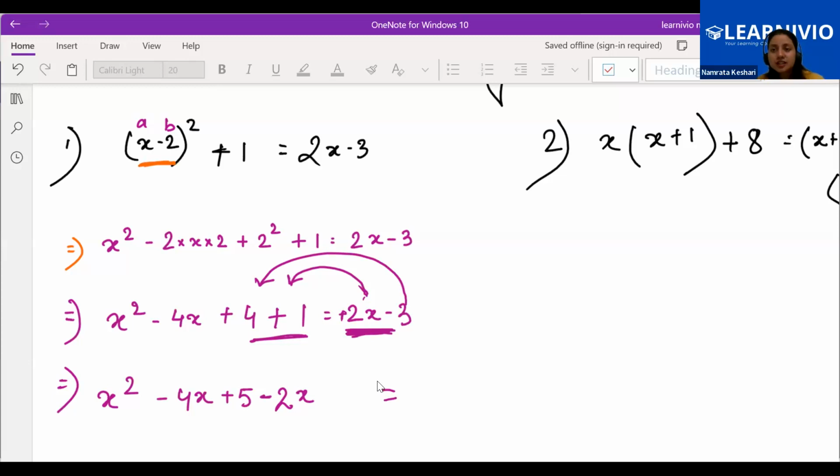Whenever we change the side, plus becomes minus. Addition becomes subtraction, subtraction becomes addition, multiplication becomes division, and division becomes multiplication. So this 3 is negative over here; when we change the side, it will be positive 3 on this side, equal to 0. Getting it?